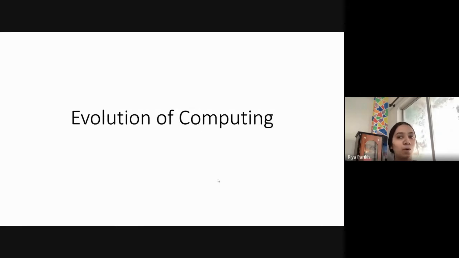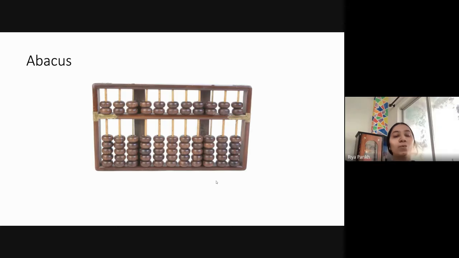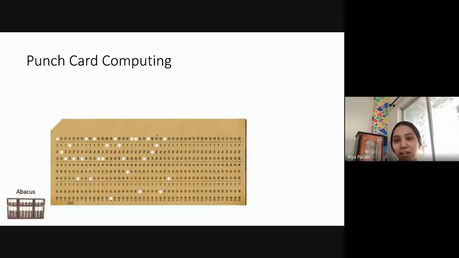Before moving on to quantum computing, let's look at how the evolution of computing took place from ancient times. It all started with the abacus, the ancient Chinese instrument they used to count and compute numbers, do multiplication, etc. Then came punch cards.